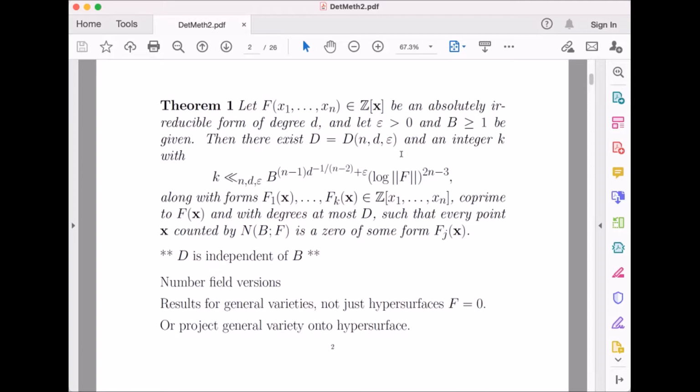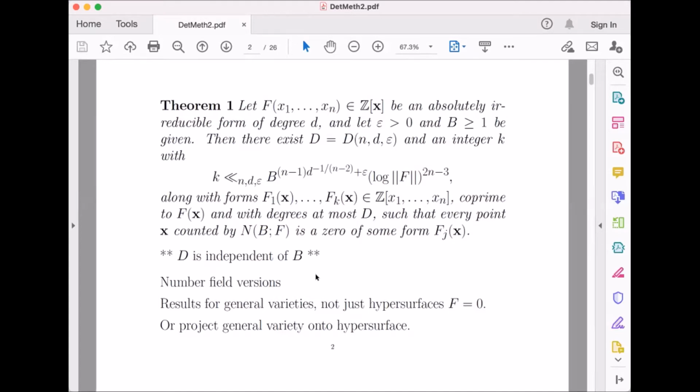Okay, so we'll look at the consequences of the theorem in a moment, but let me say that there are number field versions of this. There are versions that apply to affine varieties, to, let's say, polynomials rather than forms. There are versions that work for bihomogeneous forms, etc. Moreover, there are results that apply to general varieties and not just to hypersurfaces.